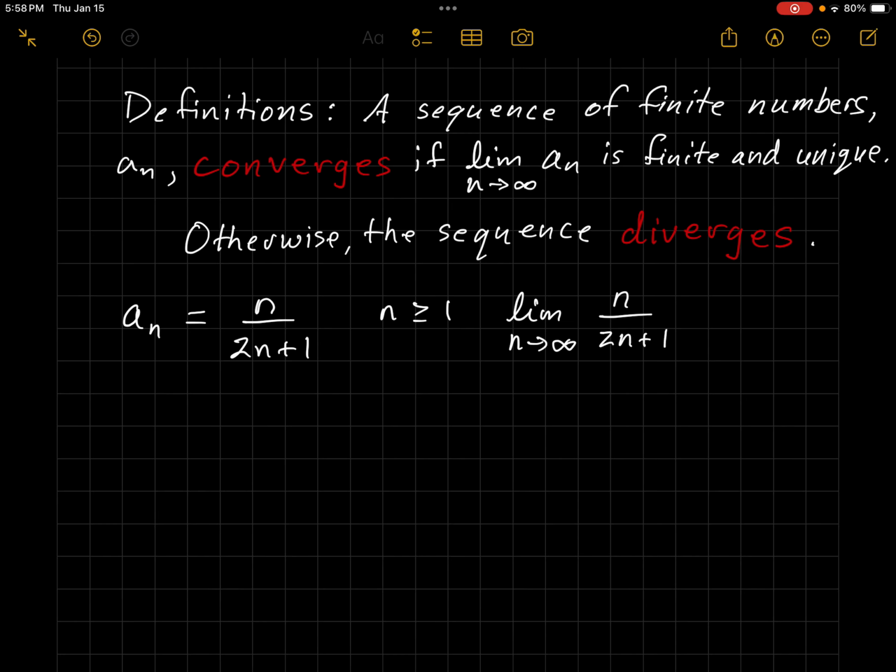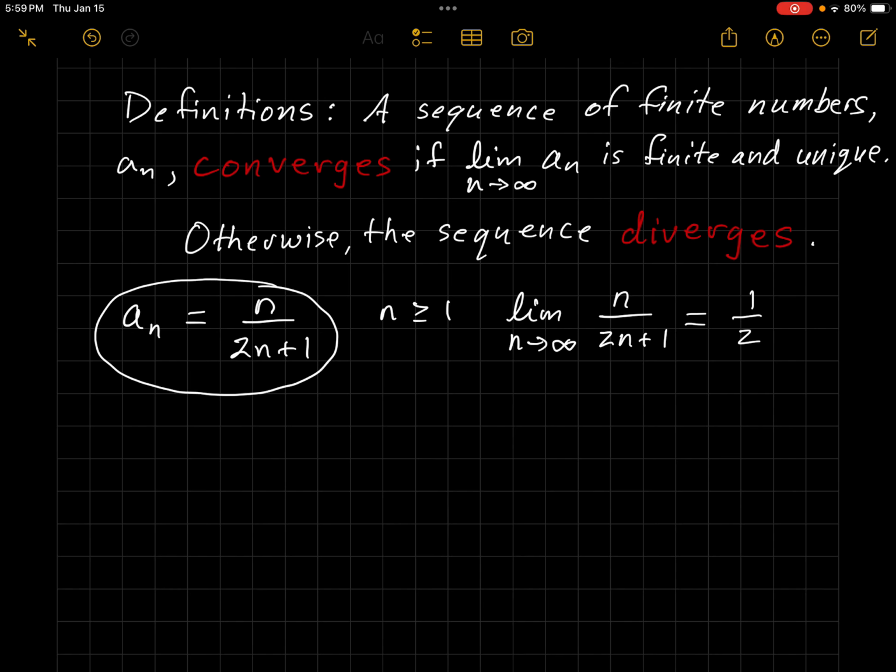Notice that every individual term in the sequence is finite. So all we've got to do is look at what happens at n equals infinity, quote unquote, and we get the limit equals 1/2.